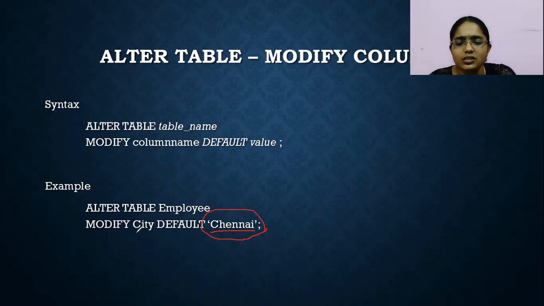Already this city column is not assigned a default value, and right now I can apply a default value for the particular column. So modify means the already assigned data type can be modified, or you can reassign the feature of the already defined column. This can be done by using modify. So this modify will never work independently. It will work along with alter table name. Clear?